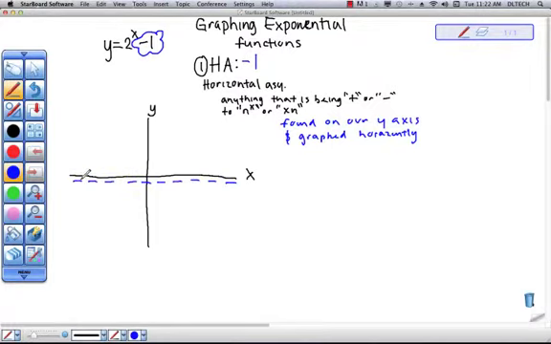Now that we found and graphed our HA, our next step is to do our table, x and y. The numbers we are going to be using are -2, -1, 0, 1, and 2.